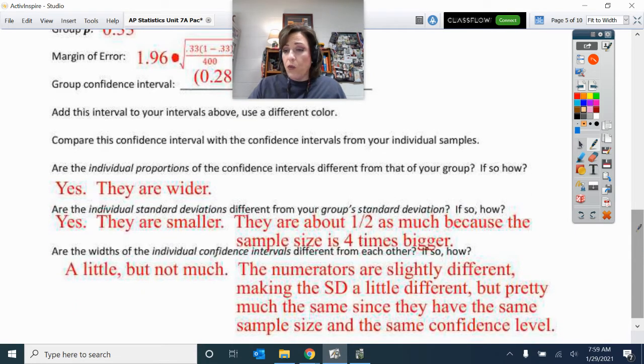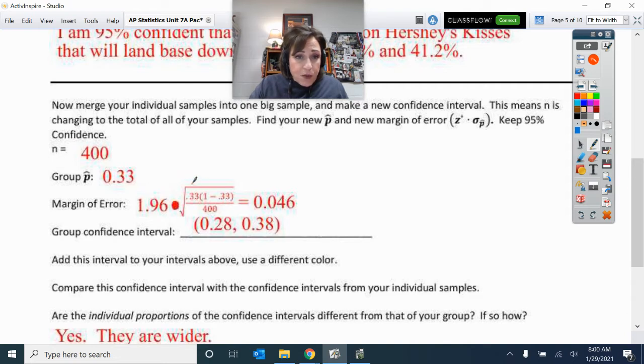So if you went and looked at all of the margins of error that we had for everybody's, they'd be a little different because of the different p-hats. Because look up here, see this 0.33 here versus whatever else that p-hat is. That's going to change this numerator slightly.